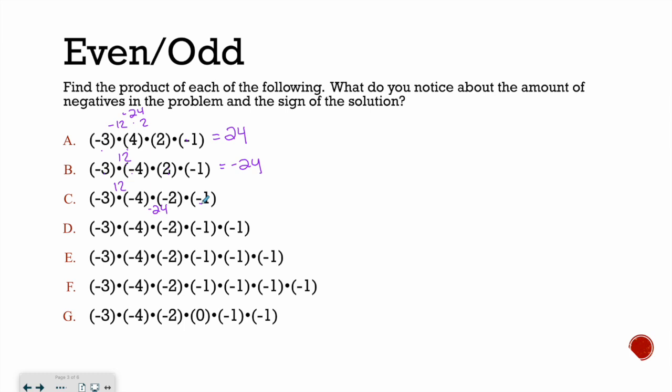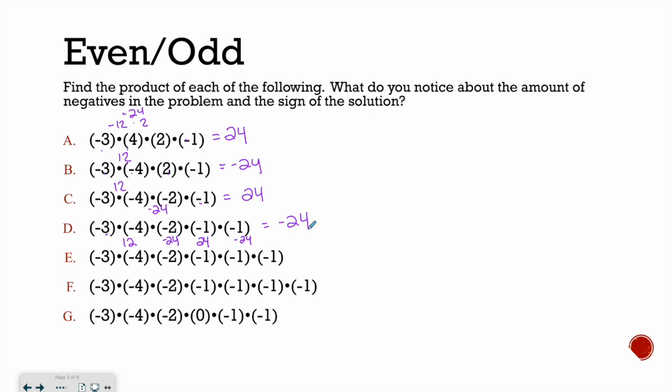And negative 24 times negative 1 is positive 24. Negative 3 times negative 4, positive 12, times negative 2 is negative 24, times negative 1 is positive 24, times negative 1 is negative 24.